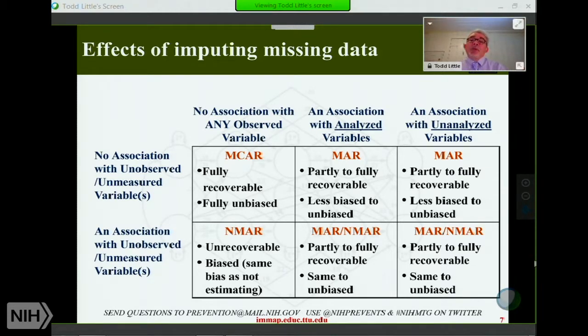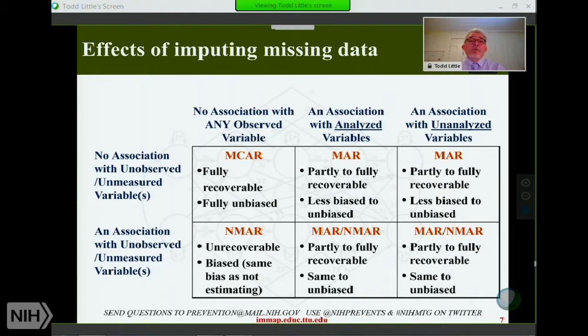Now, there is a way to do this. It's called using auxiliary variables. So a key consideration in the missing data literature is identifying and incorporating auxiliary variables into your analysis model that would inform the missing data model.